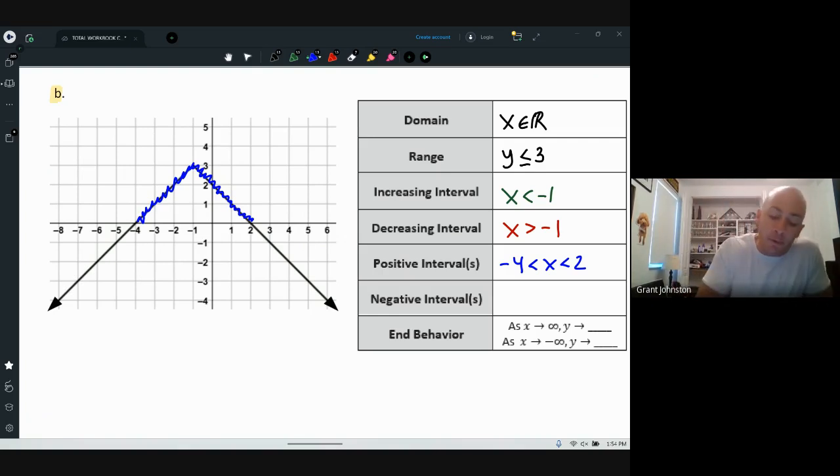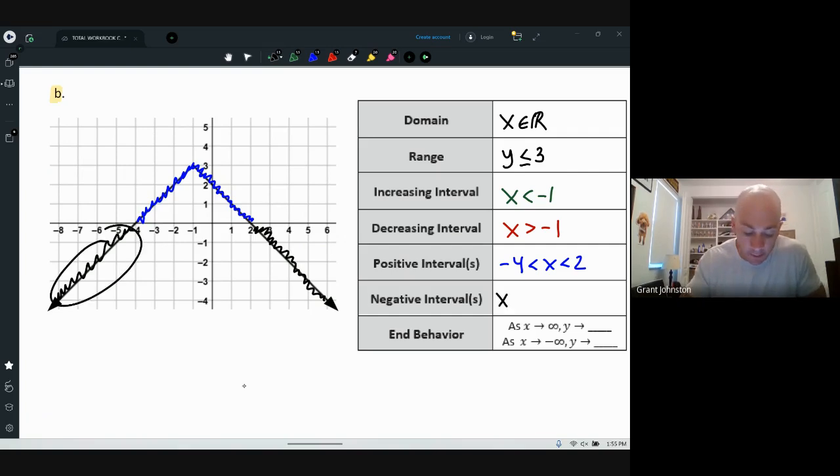It's negative in a couple intervals. It's negative in this spot, and then in this spot. This first spot can be defined when x is less than -4, and this spot when x is greater than 2. That's the times when it's negative.